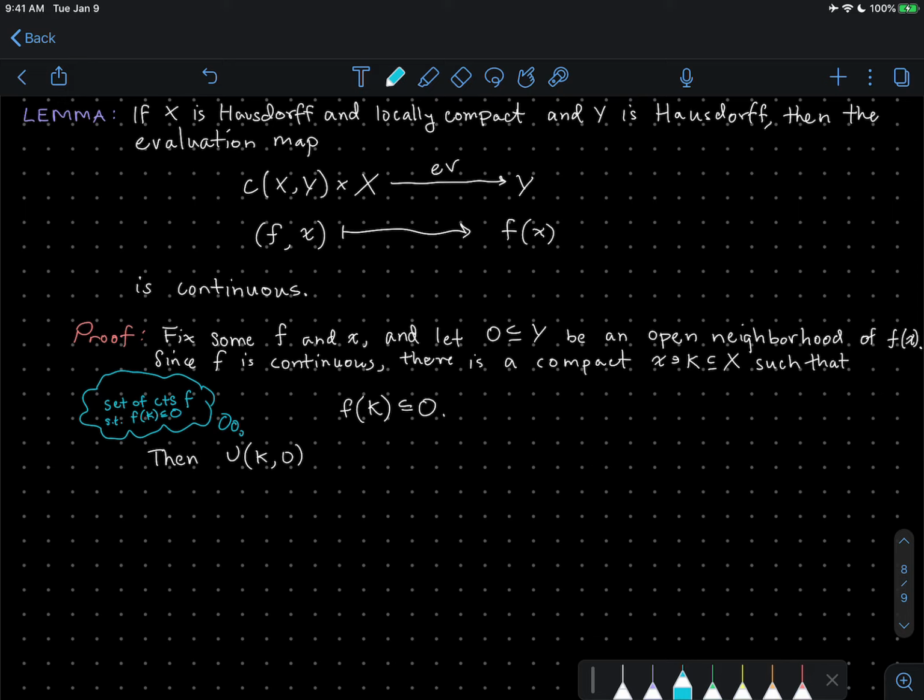That's just the terminology that Fomenko and Fuchs use. So, by definition of the compact open topology, this is an open neighborhood of f.